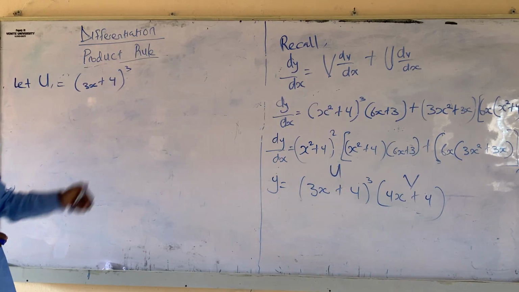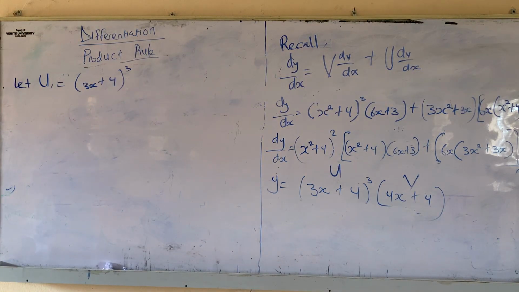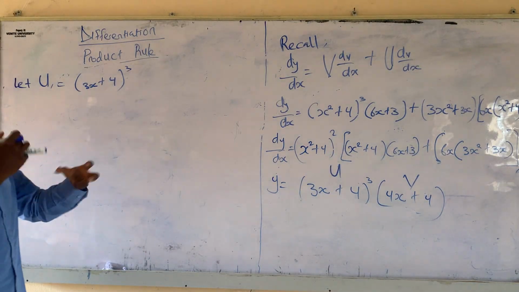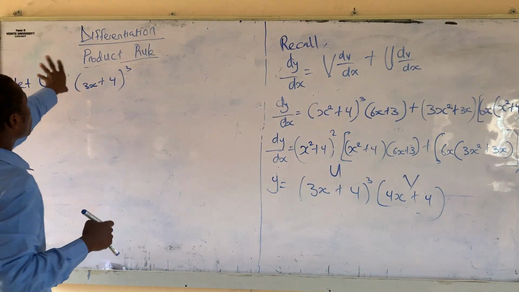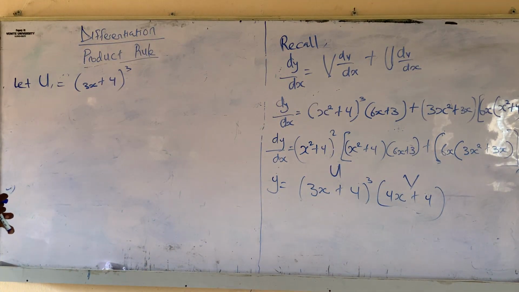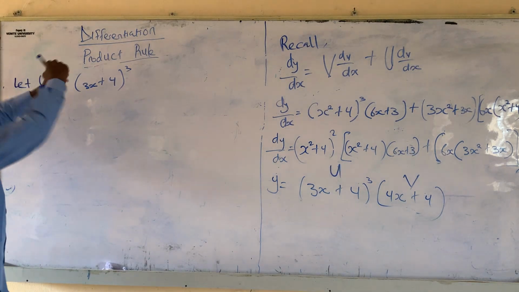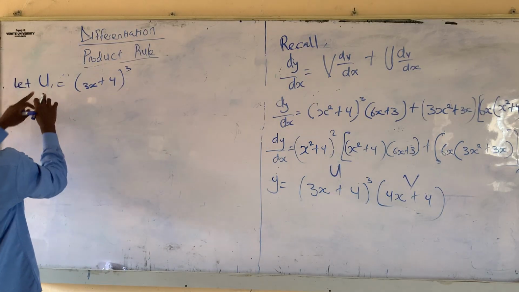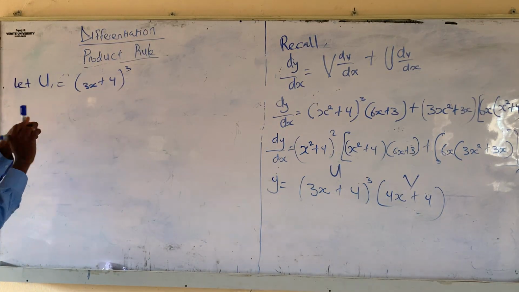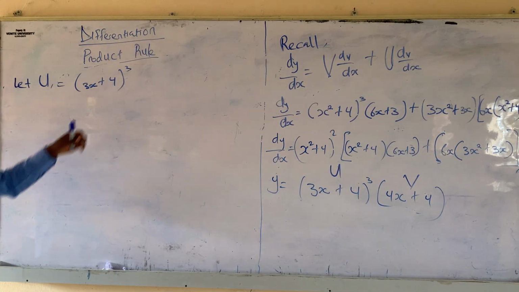You apply chain rule. And whenever you see brackets multiplying another bracket, you apply what? You apply product rule. Then here we are using chain rule shortcuts. We are to differentiate u with respect to x.